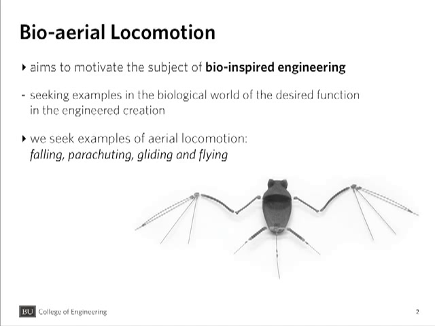So the aims of the course: I was told to do an introduction to engineering course for the people who are interested in the aero concentration, based on the general idea of how things fly. Normally one would have chosen to explain how airplanes fly, but I decided to use the opportunity to motivate bio-inspired engineering, seeking examples from nature of the desired function, in this case using flow for producing forces through gliding, falling, or flying.